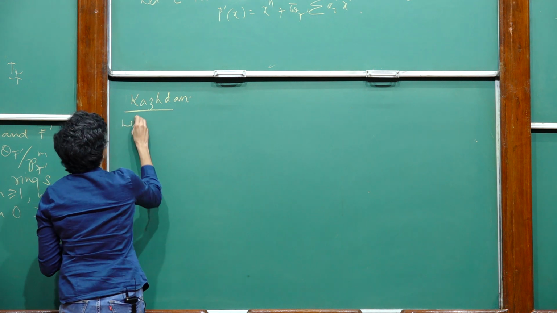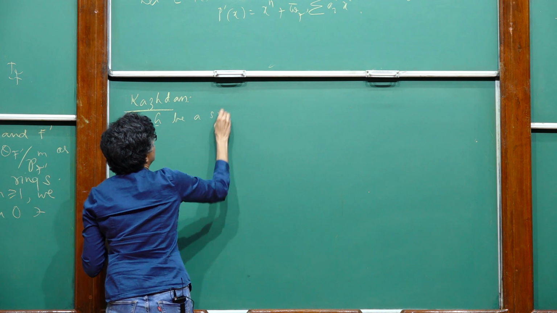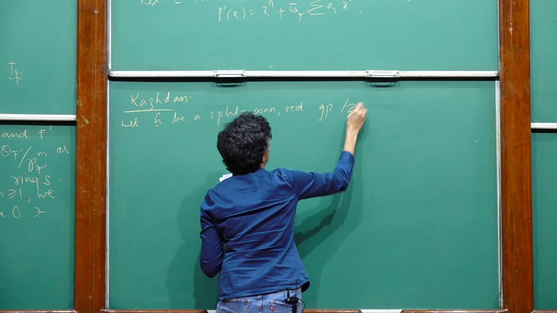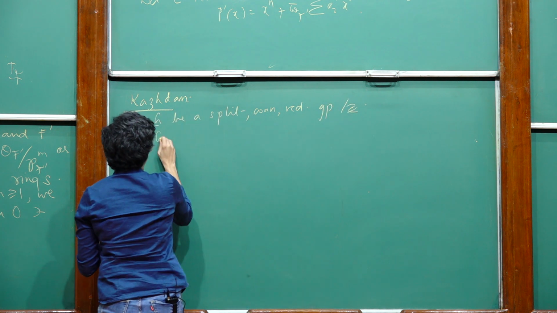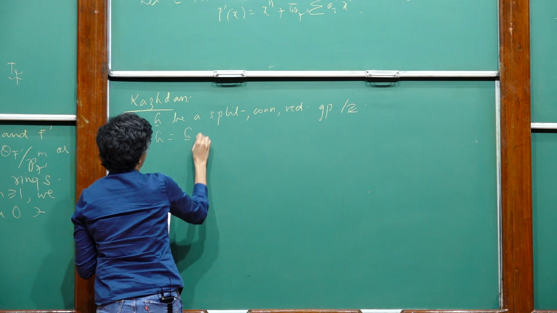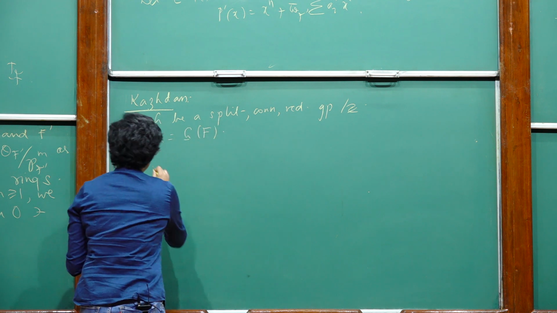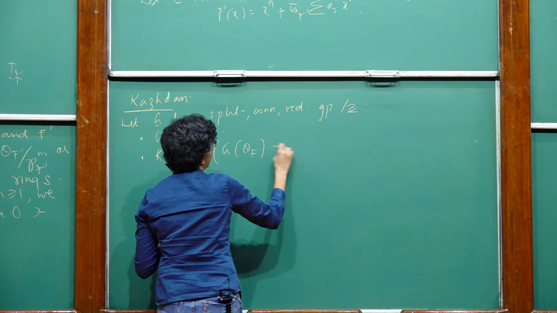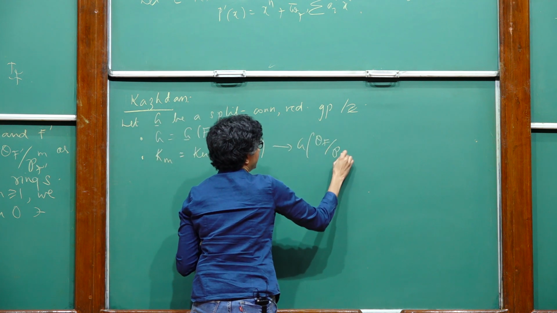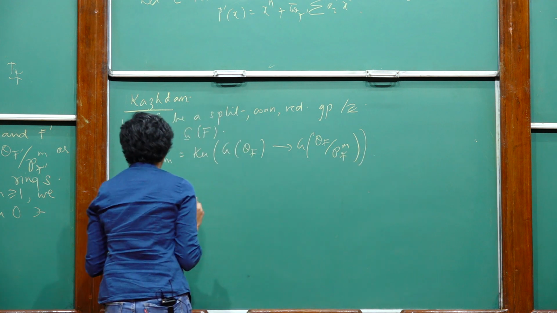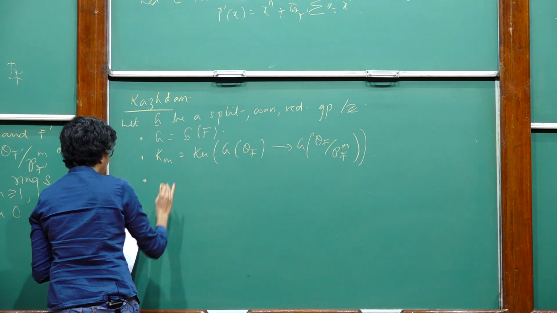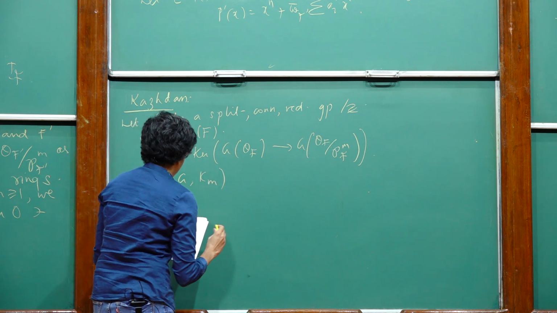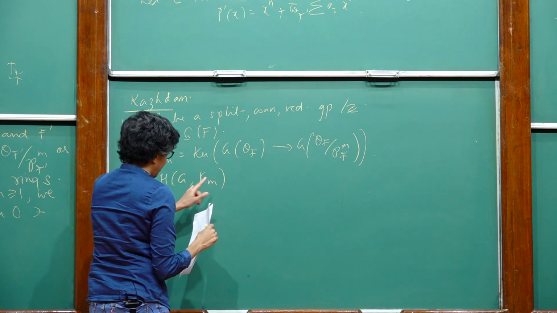So let G be a split connected reductive group over Z, and then set G to be G(F), and K_m is the kernel from G(O_F) to G(O_F mod P_F to the m), and you fix a Haar measure on G, and he looked at this Hecke algebra H(G, K_m), which is the Hecke algebra of K_m bi-invariant functions.